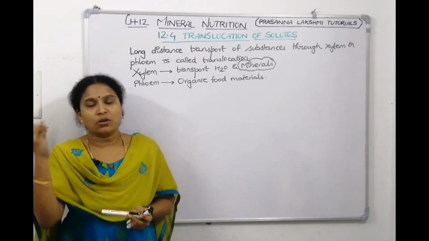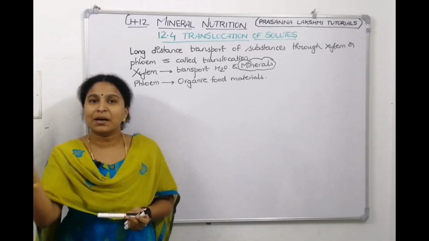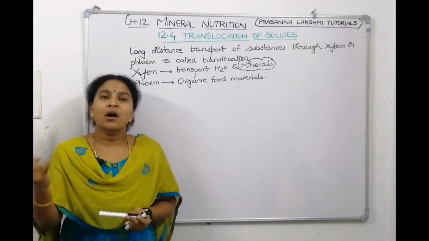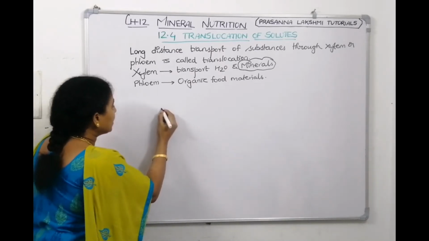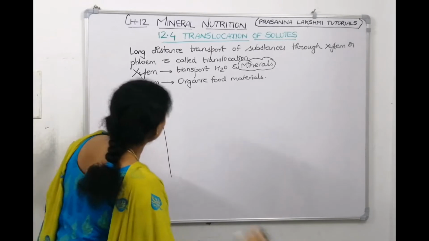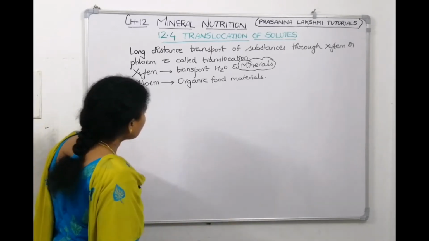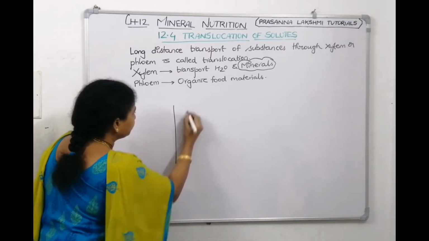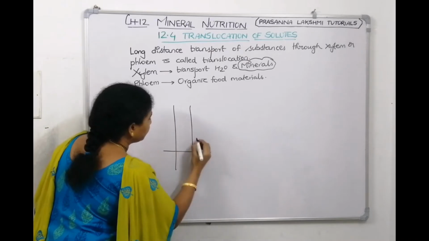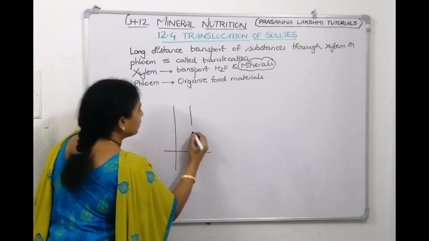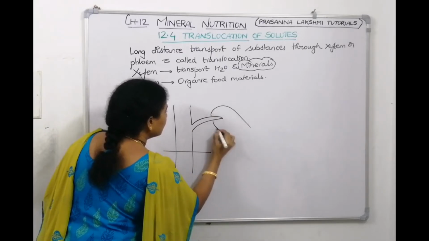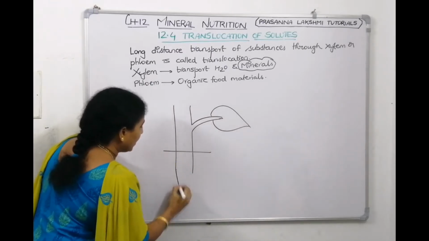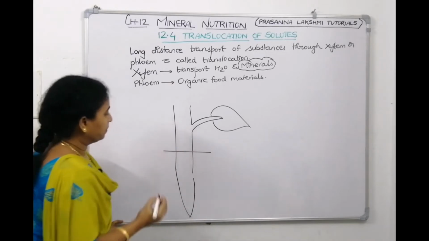Minerals, freely in ionic forms or in the form of salts, will come from the soil into the plant. Now if we take an example, let's draw a plant. This is the leaf and this is the root.